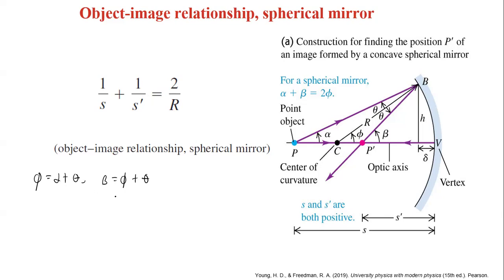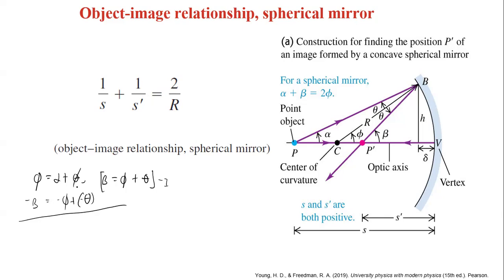And you can eliminate this theta here. So we can multiply this one by negative 1. So we have negative beta is equal to negative phi plus negative theta.